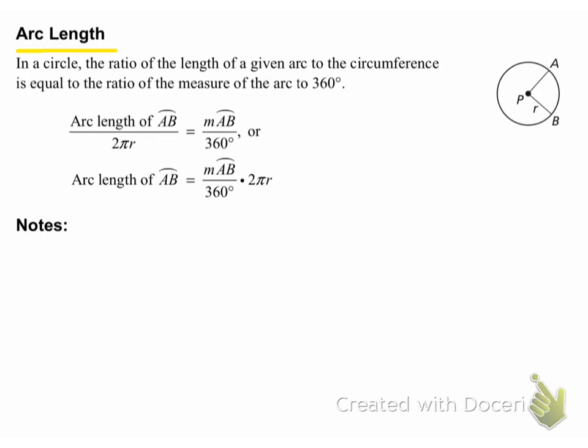Arc length is just a part of the circumference, part of C. So if on the right hand side I just want to find out how long this arc is, what you do is, the ratio of the length of a given arc to the circumference is equal to the ratio of the measure of the arc to 360.